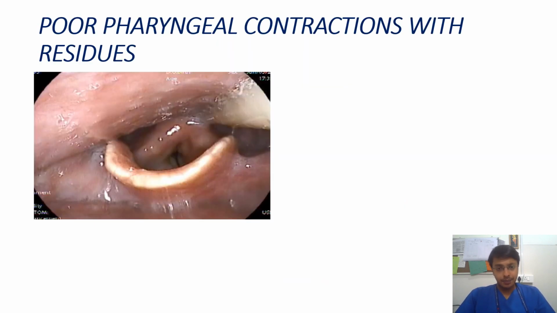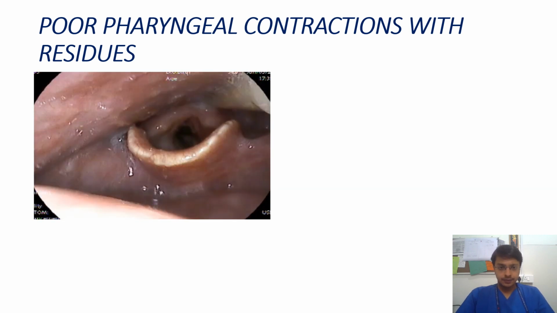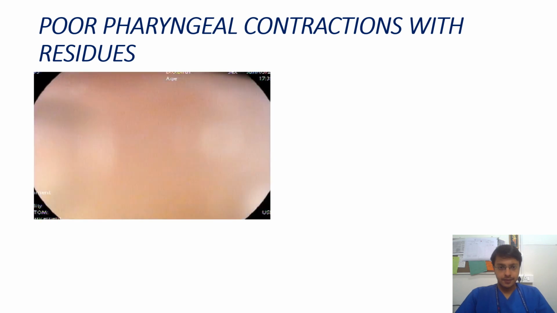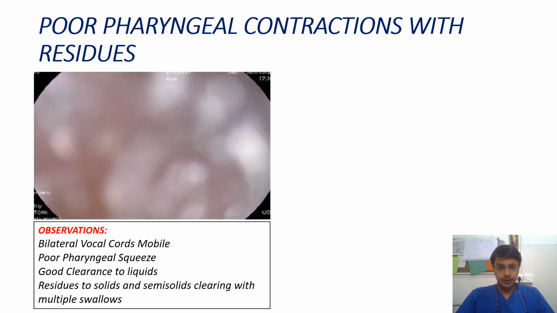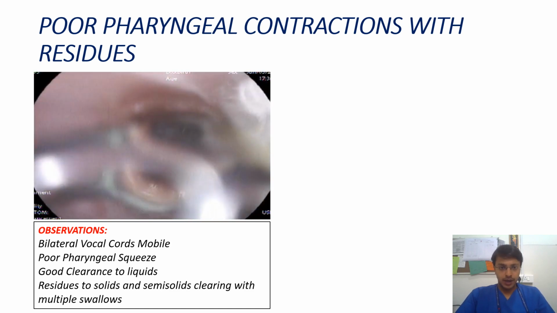Now, this is one example of a FEES examination, how we detect the problems and how we manage. Please observe that the bilateral vocal cords are mobile.